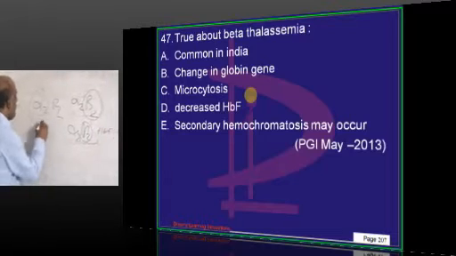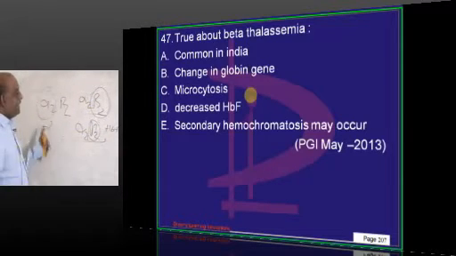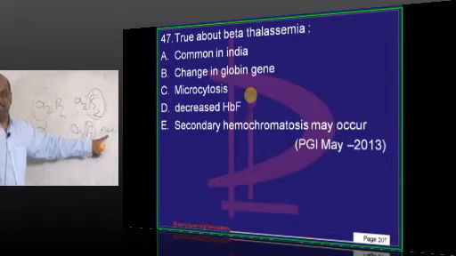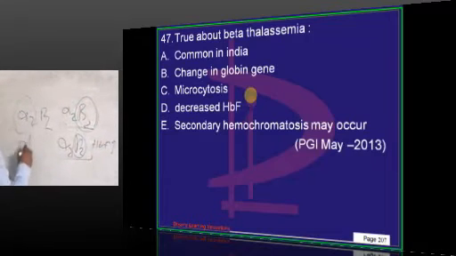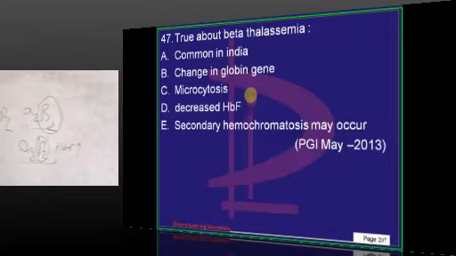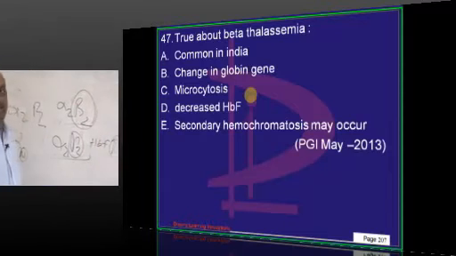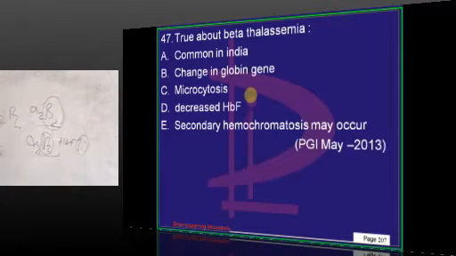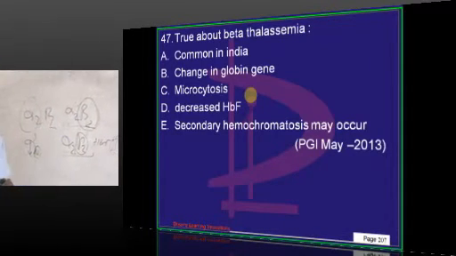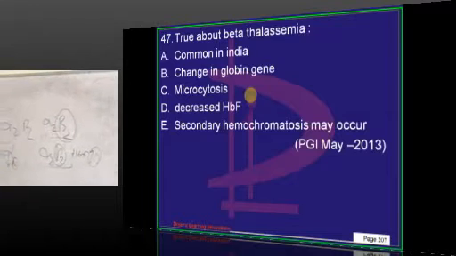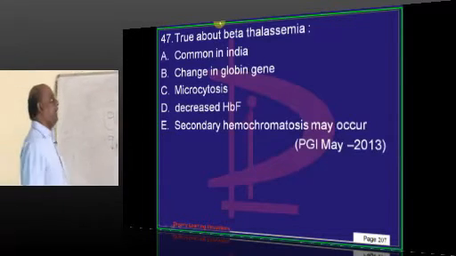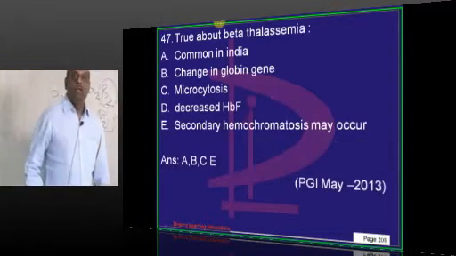Even for HbF you require alpha. That is the reason how will HbF be in alpha thalassemia, decreased or normal? Decreased in fact, whereas HbF is increased in beta thalassemia. That is the fundamental difference on electrophoresis between alpha and beta thalassemia that you need to remember.